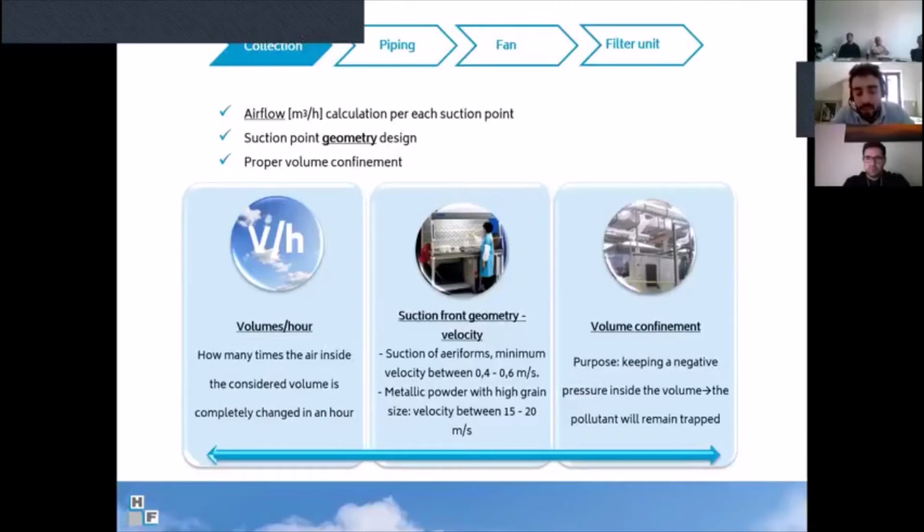So we have a piping with, for example, 20 meters per second of high speed, and we put the piping very close to the site of production in order to collect the heavier parts. Just like the suction arm for welding applications. Okay, thank you, understood.